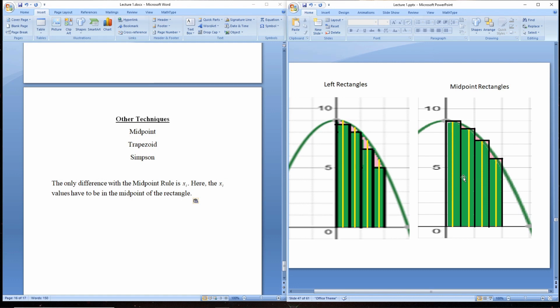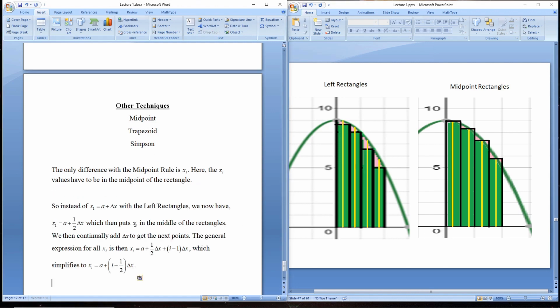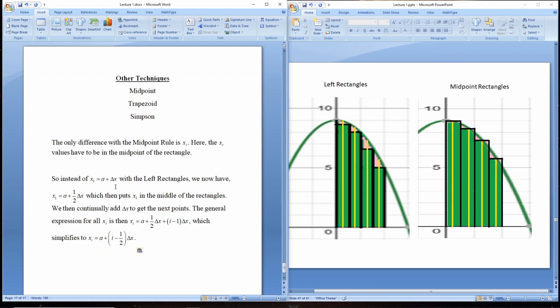So the only thing that changes here is these yellow lines. We need to figure out where these positions are. So just to save some time, I'll just paste this in here. Instead of a plus delta x, this is the expression that we used for left rectangles.